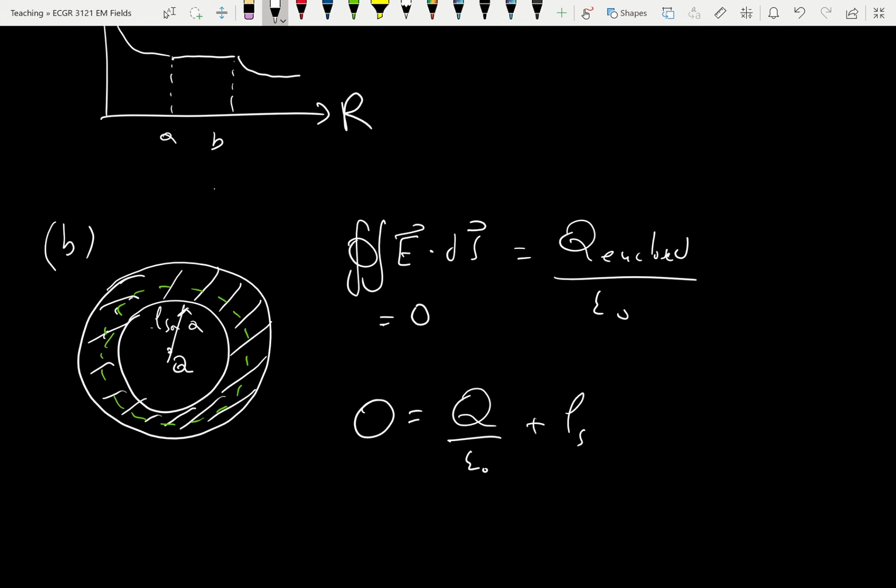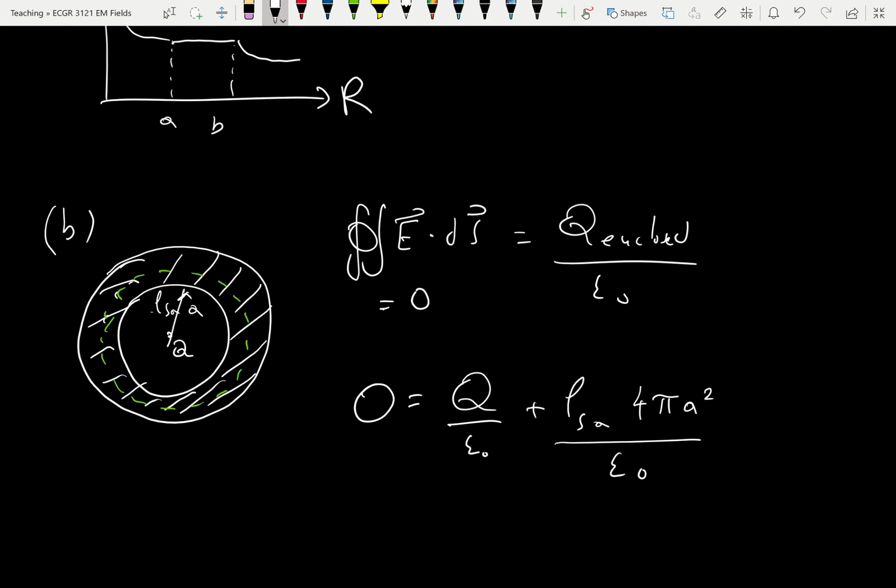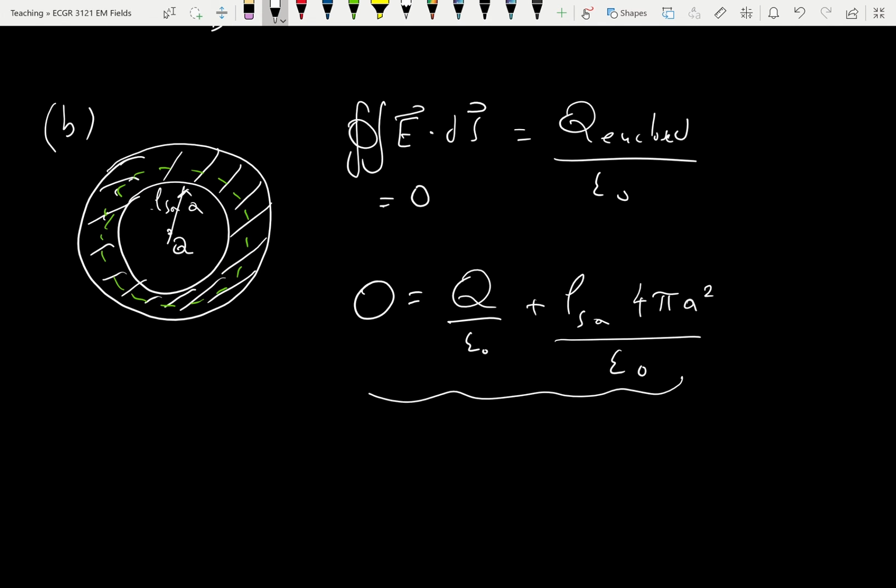This is rho SA, by the way. Rho SA times 4 pi A squared, the surface area of the inner sphere, over epsilon naught. I can do some algebra, manipulate this. So epsilon cancels with epsilon. I end up with rho SA equals minus Q over 4 pi A squared coulomb per meter squared.